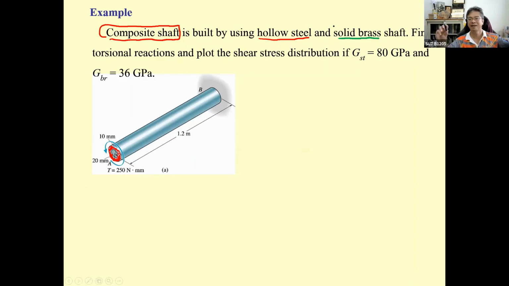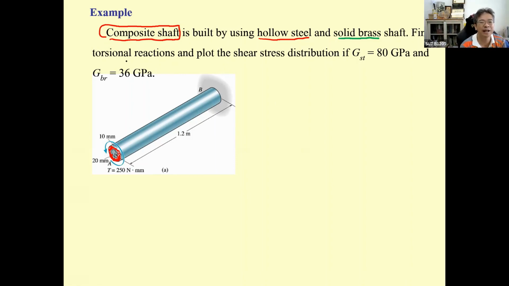The assumption is that the steel and the brass connect perfectly and work together. When they build it, they heat the steel. When heated, the steel gets bigger, and then they put the solid brass inside it and cool it down, and then it sticks to each other.